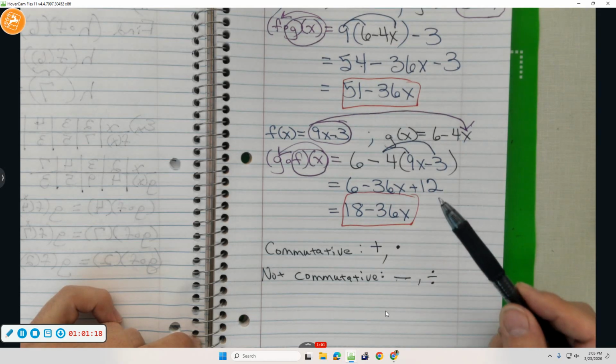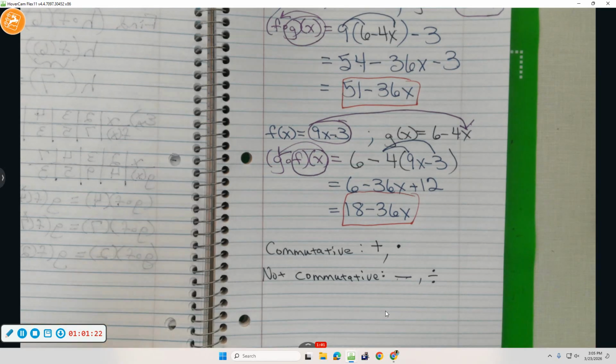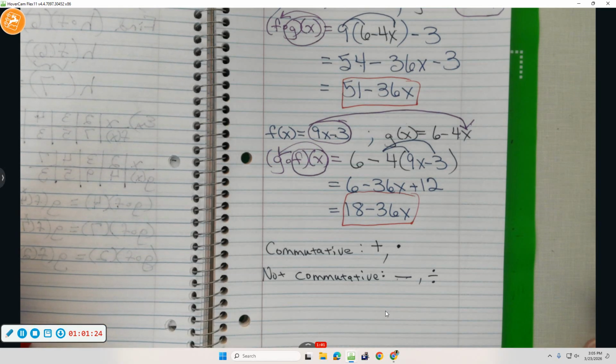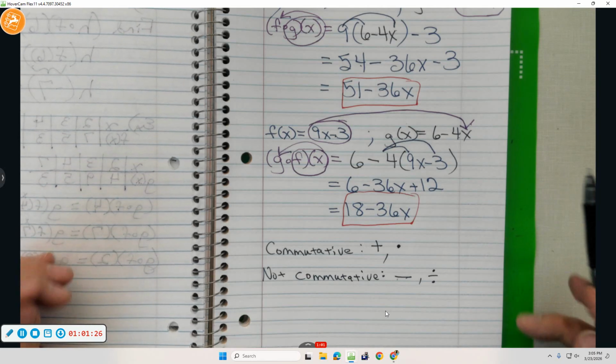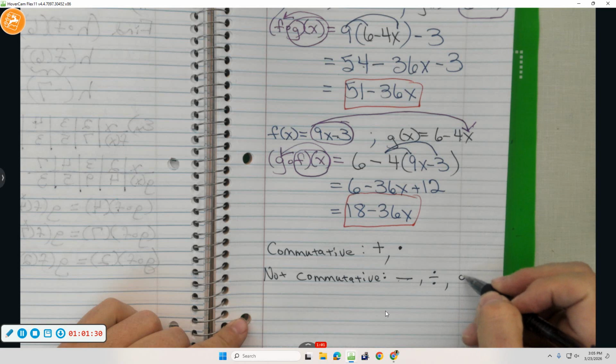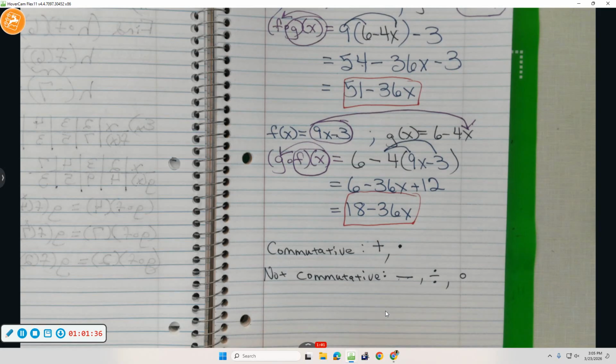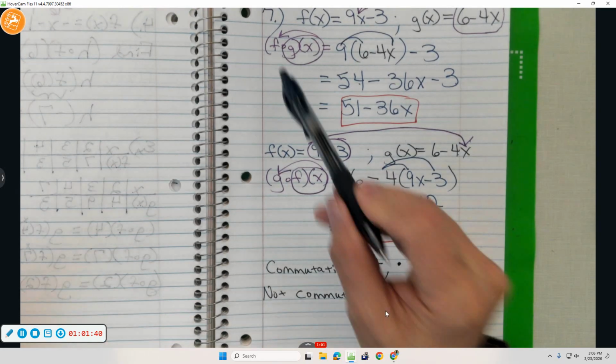So if you get them mixed up on the test, you're probably going to have the wrong answer. Sometimes they're equal, but most of the time they are not. So composition is not commutative, so make sure you know the difference between F composed with G and G composed with F.